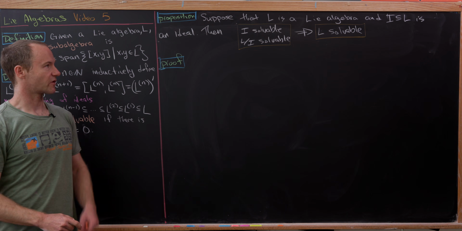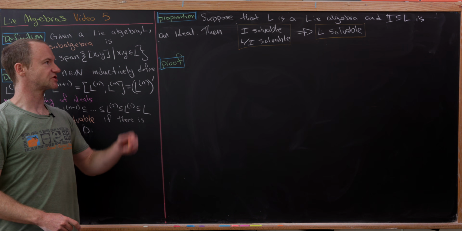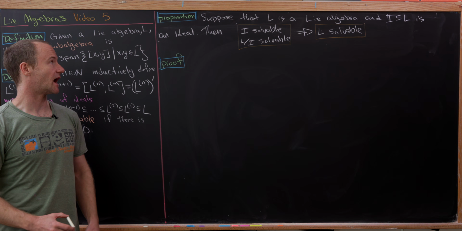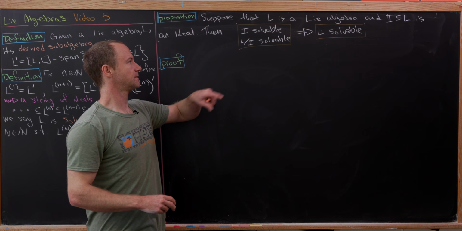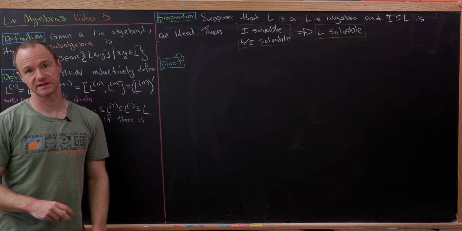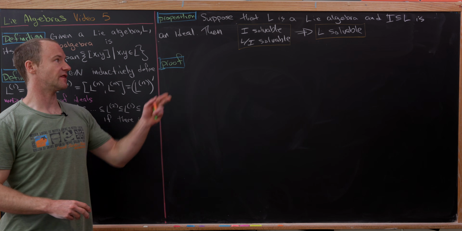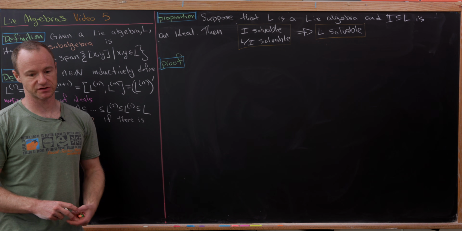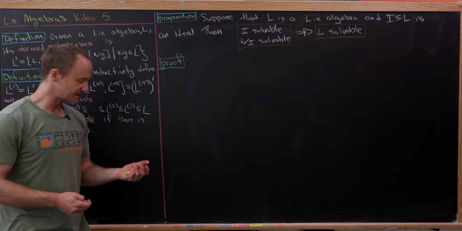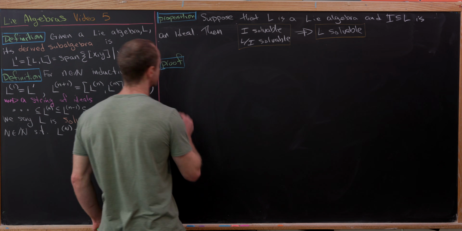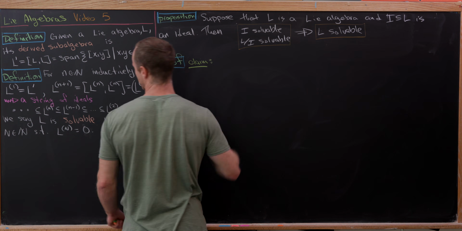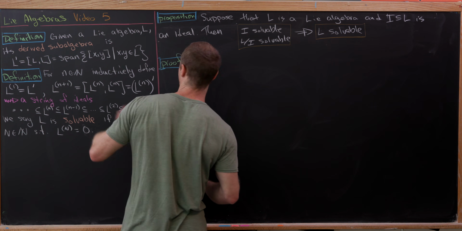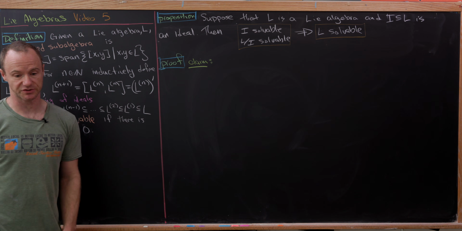Let's move on. For our next result, we've got a Lie algebra L and an ideal I, and we'll show that if the ideal is solvable and the corresponding quotient Lie algebra is solvable, then the parent Lie algebra is solvable. So let's see how we might do this. This starts with a little bit of a result about these upper n objects for a quotient Lie algebra.